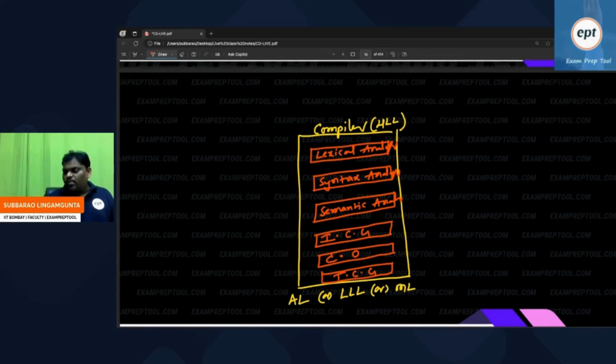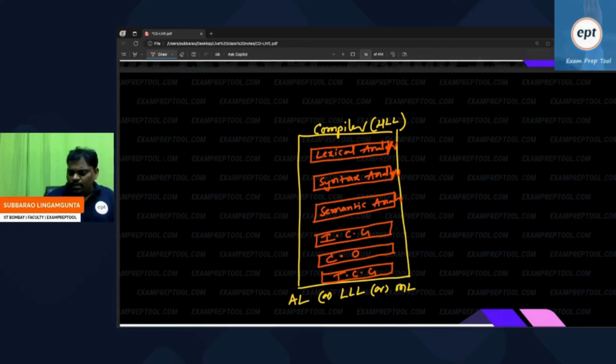One function is the lexical analyzer, one is the syntax analyzer, one is semantic, one is intermediate code generator, one is code optimization, and the last one is the target code generator. So approximately 6 functions are there, from lexical to target code generator.